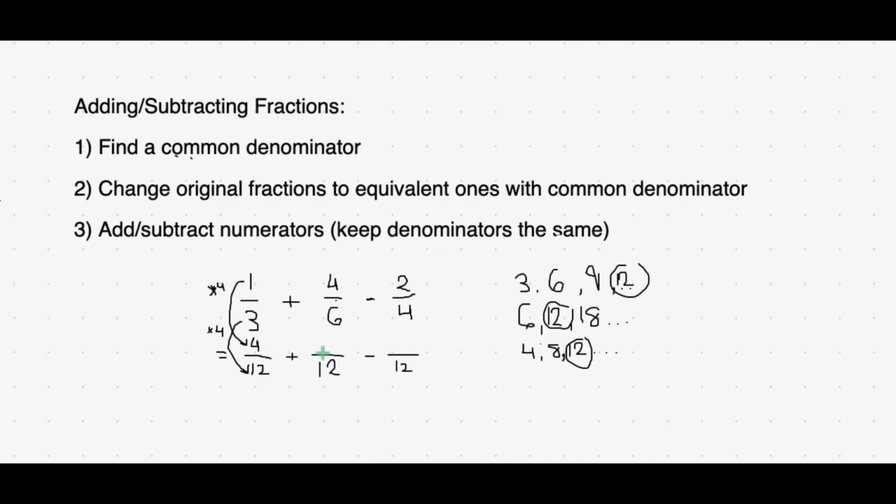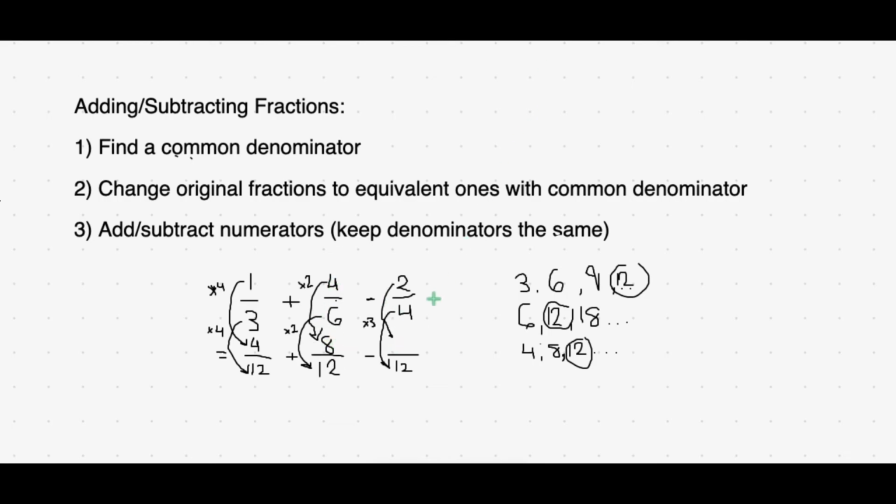So we have 4 over 12 plus blank over 12, which we will find by doing the same procedure, finding what the denominator is multiplied by, and 6 multiplied by 2 is what gives you 12. So again, we have to do the same thing on the top. We multiply it by 2, since we did the same thing on the bottom, and now 4 by 2 is 8.